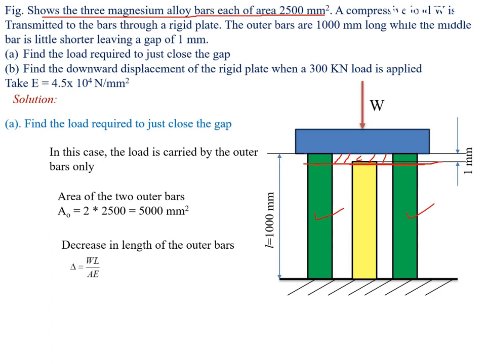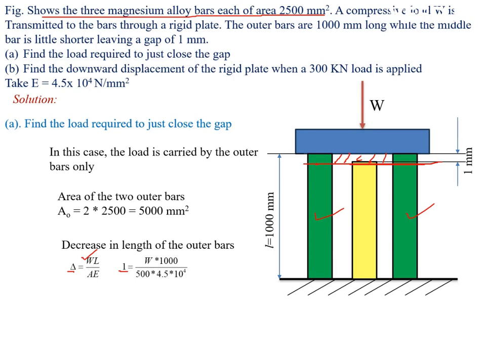We know the relationship between the deformation and the applied load, that is, delta equals WL by AE. Here delta is nothing but the deformation, that is, the gap between the outer bars and the inner bar. So delta equals 1 mm, and W is what we have to find, how much load is applied to just close this gap.